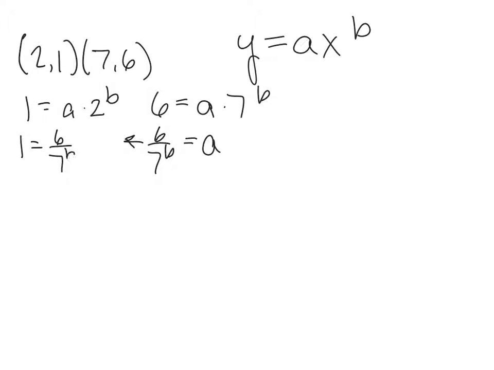6 over 7 to the b times 2 to the b. That gives me 6 times 2/7 to the b. Divide both sides by 6. This is exponential form. Let's go ahead and put that in logarithmic form.